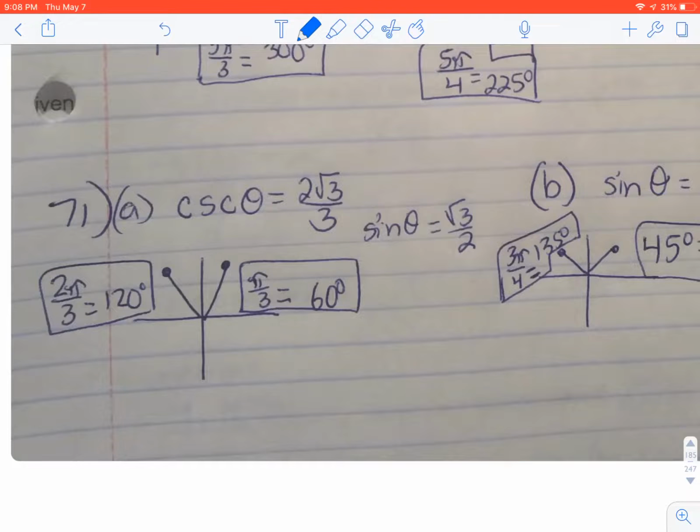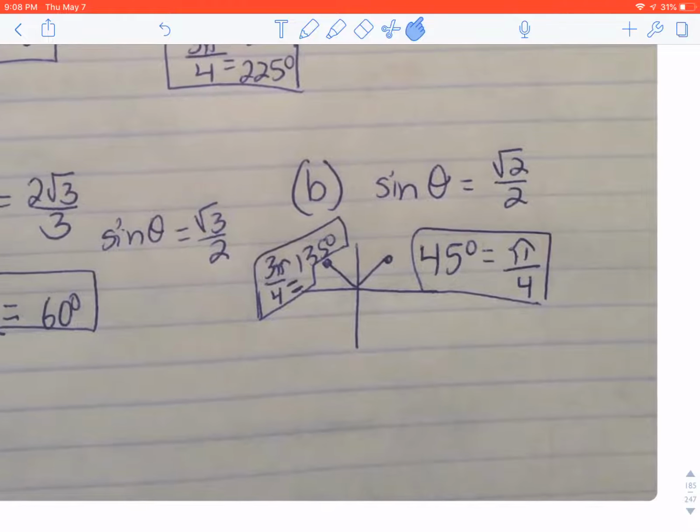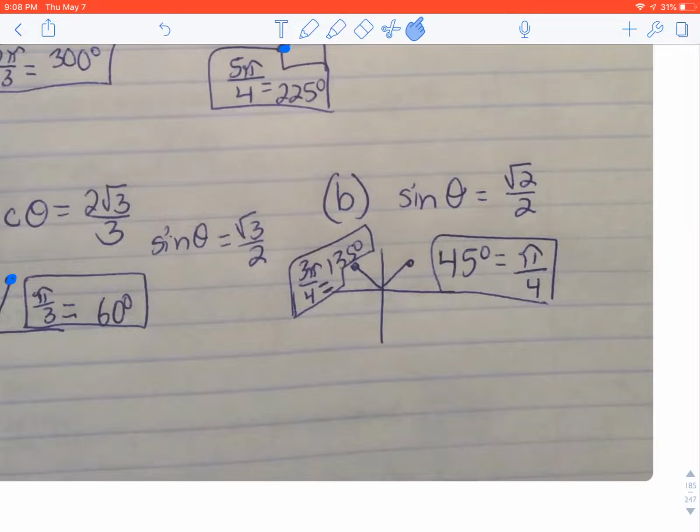So one of them will be in quadrant 1, because at pi over 3, which is 60 degrees, your sine theta is going to be square root 3 over 2. And then in quadrant 2, 2 pi over 3, which is 120 degrees, you're also getting a positive square root 3 over 2.